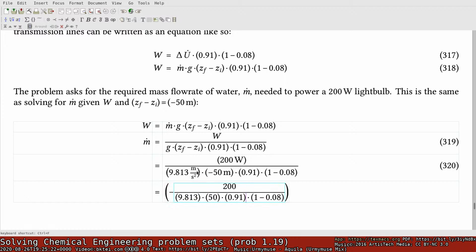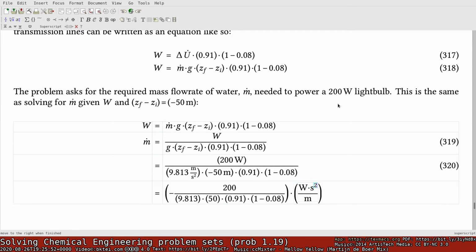Just to be explicit about these numbers. Now comes the fun part: watts, meters, second squared, meter squared.